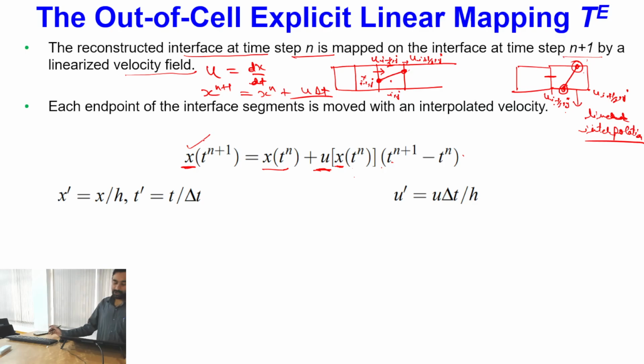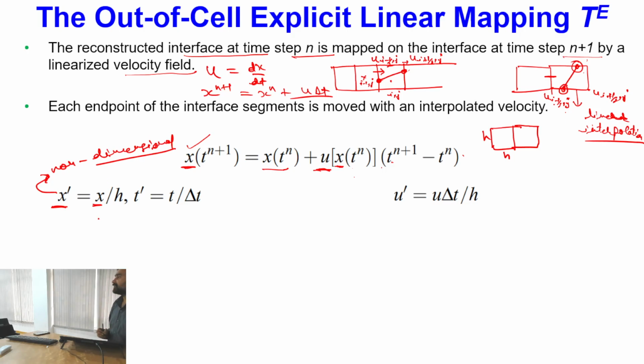Okay, this equation can be non-dimensionalized in one way. If I consider that my grid is uniform, of size h in both directions, then I can non-dimensionalize the position x with h. So x dash is defined as a non-dimensional position, which is equal to x divided by h.